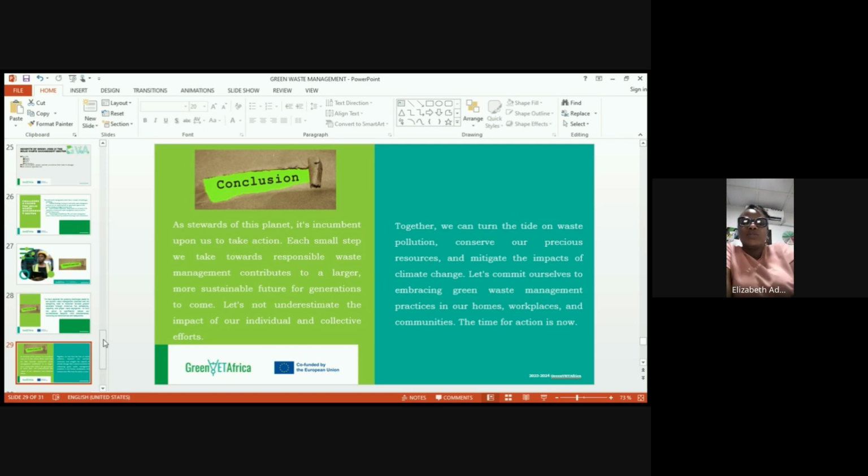I think first of all, the most important action I've taken is to ensure that anytime I'm going to the market, I go with my reusable bag, and I try as much as possible to reduce the polythene bags or nylon bags from the market, especially when I go to buy my frozen food or the fish or turkey.